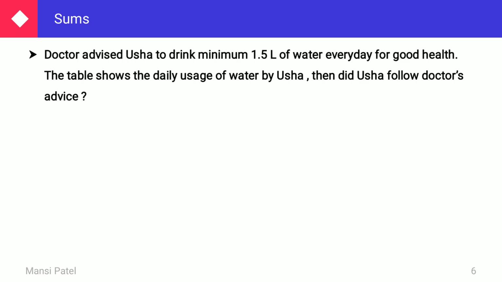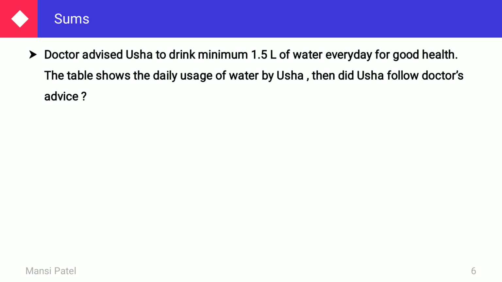Did Usha follow the doctor's advice? Now see here, the doctor advised Usha to drink a minimum of 1.5 liters of water every day. One mistake is here, you have to consider only 1 liter of water. You don't need to consider this 1.5 liter.